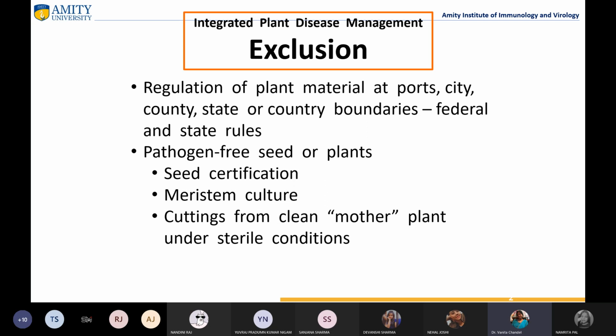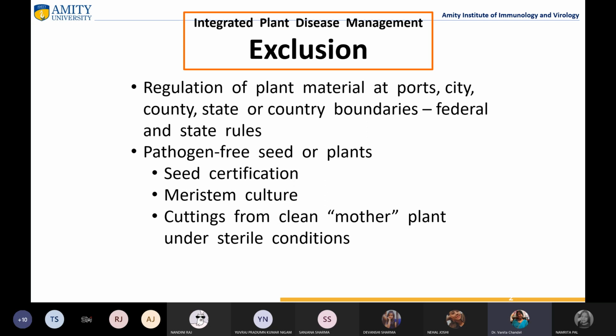It might find a conducive environment there, or a good host, or some vectors. So it is possible that in the place where it was earlier, it was not causing much losses, but when it reached a new place, everything is perfect for the pathogen to grow and it is causing losses. This is why we need to be very careful, right?